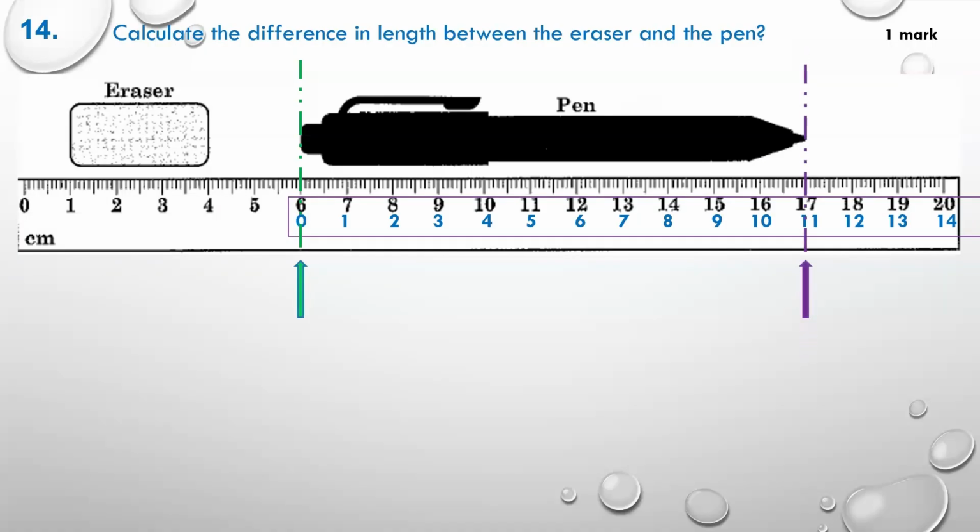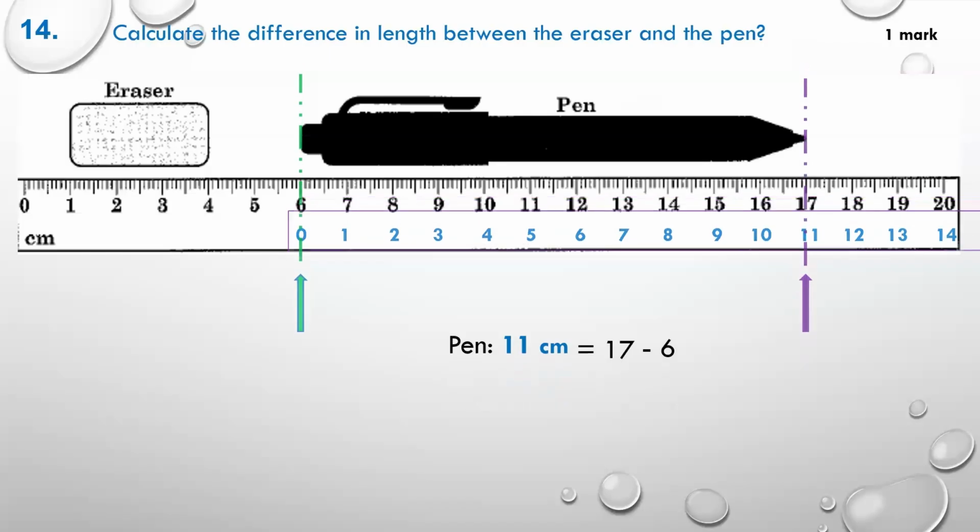So it tells us that our pen is 11 centimeters long. If you want to do working, then it's 17 minus what it started with, 6. 17 minus 6 is 11. We've worked out what the length of the pen is. What about the eraser?